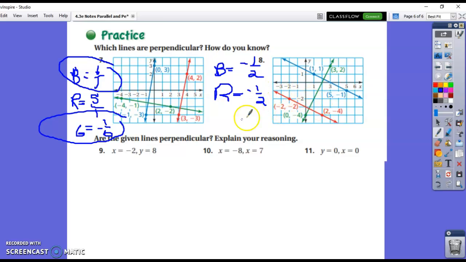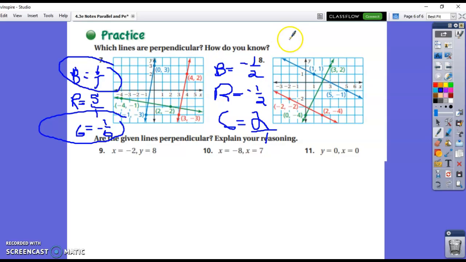And then the green is going to be up 6/3, which is 6 divided by 3, would be 2. And remember, when you have a whole number, if you write it as a fraction, it's over 1, right? So I have -1/2. If I flip it, it's 2/1. Opposite sign would be +2.